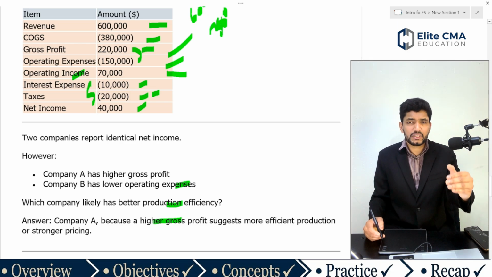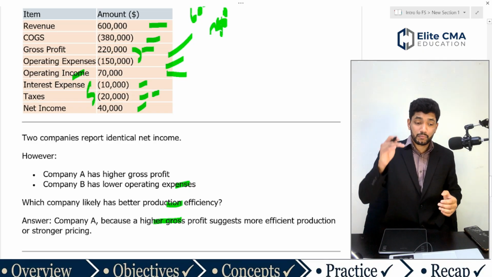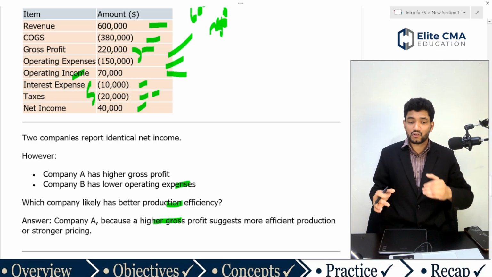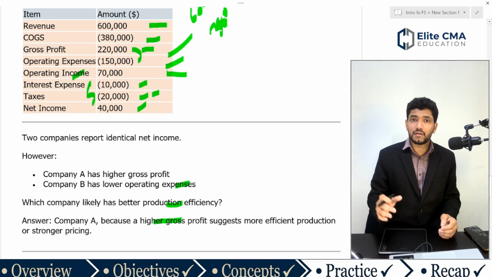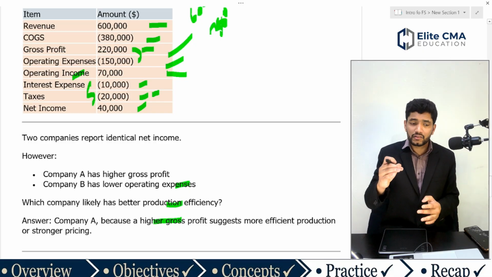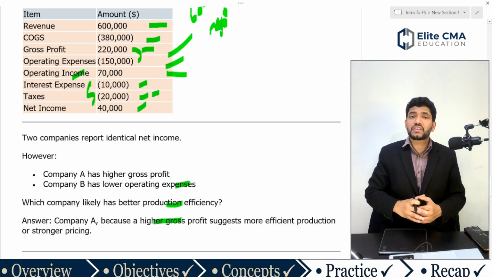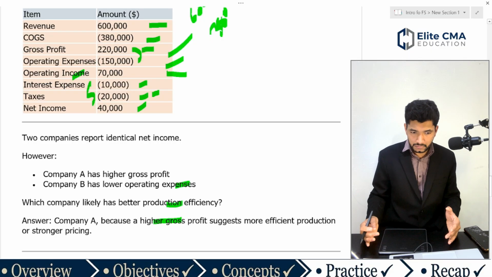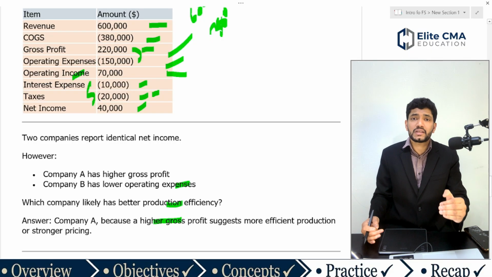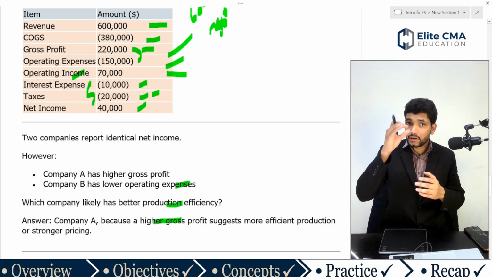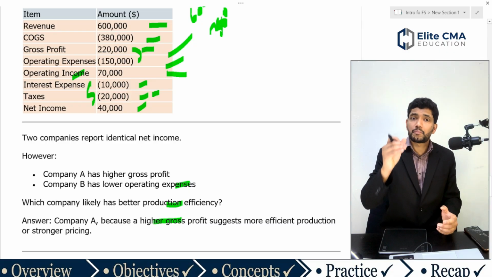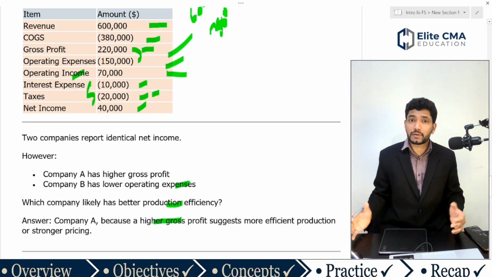So the gross profit level measures the production efficiency, purchase efficiency or the pricing strategy. Operating income reflects all of these things in the gross profit plus the operational efficiency as well. The net income level reflects everything, including the cost of goods sold, operating expenses, and even non-operating expenses.